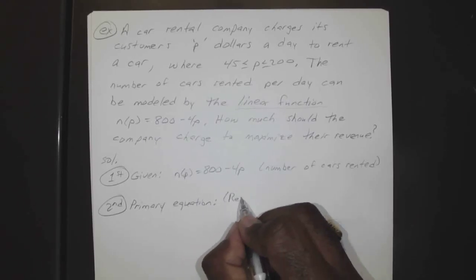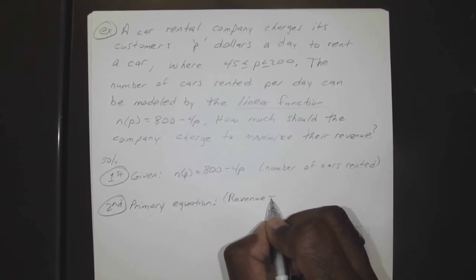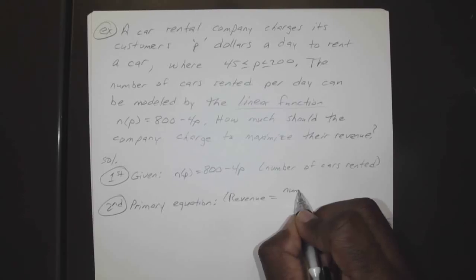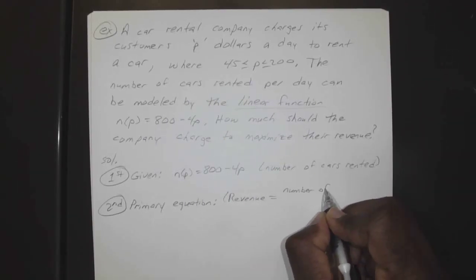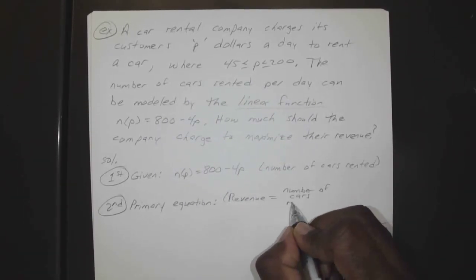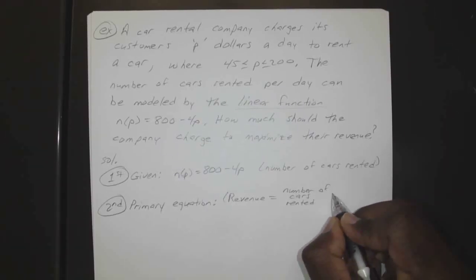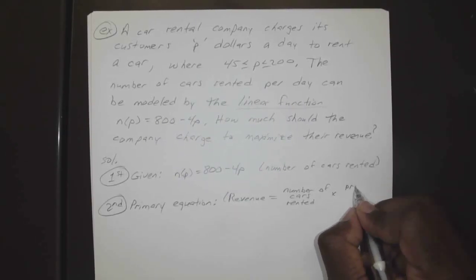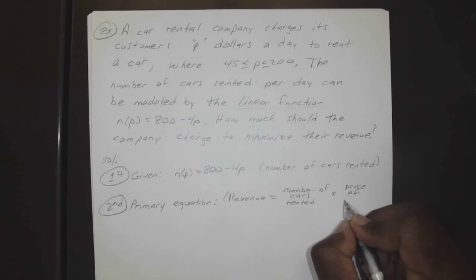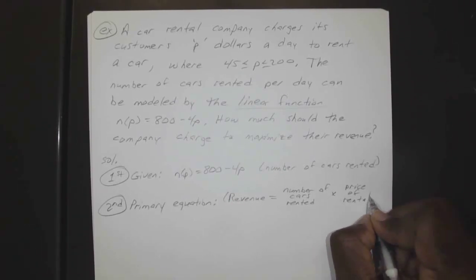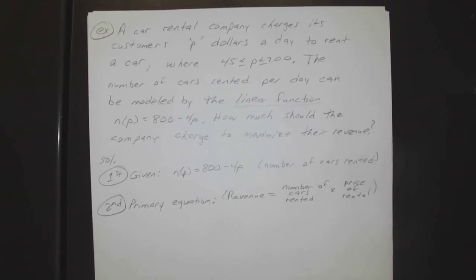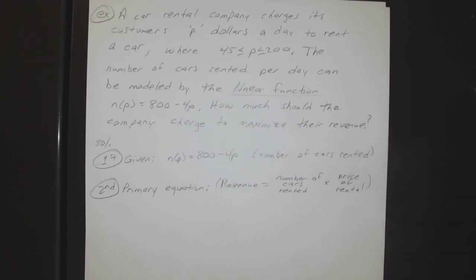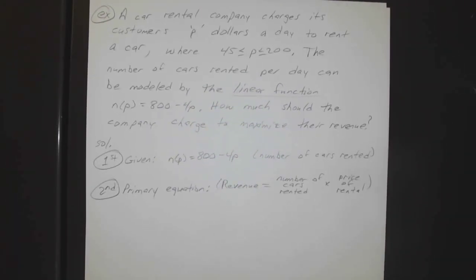So our primary equation, since we know that revenue is equal to the number of cars rented times the price of the rental. Remember, your primary equation is always going to be what you're trying to minimize or maximize.